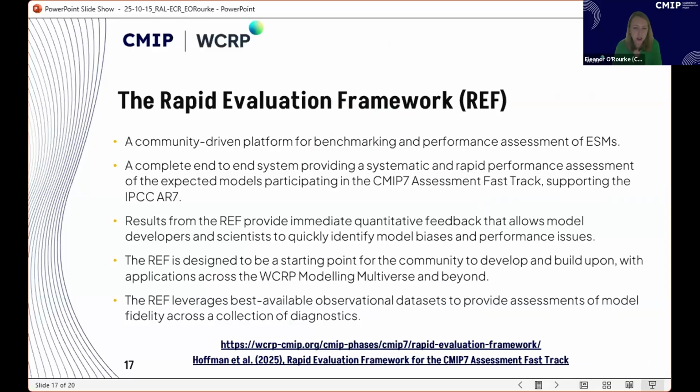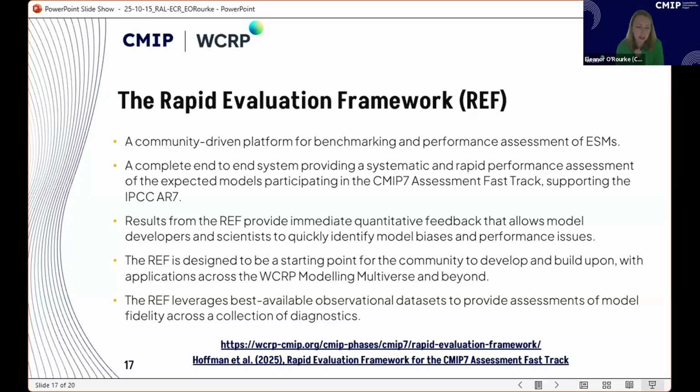So the rapid evaluation framework was developed by the model benchmarking task team within CMIP. The idea is that this builds on existing evaluation tools and is a real community-driven platform for benchmarking and performance assessments of the Earth system models. It's going to provide a complete end-to-end system to give a really systematic and rapid assessment of the models that are going to be participating in the assessment fast track.